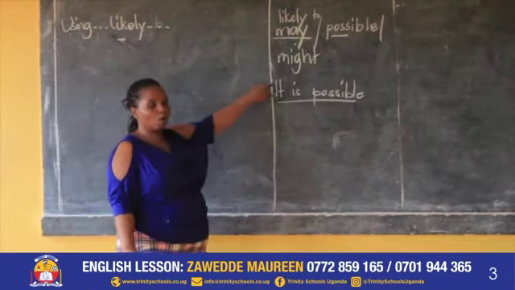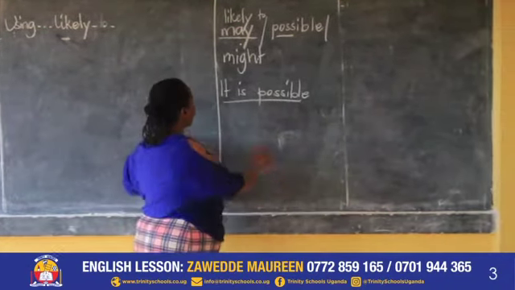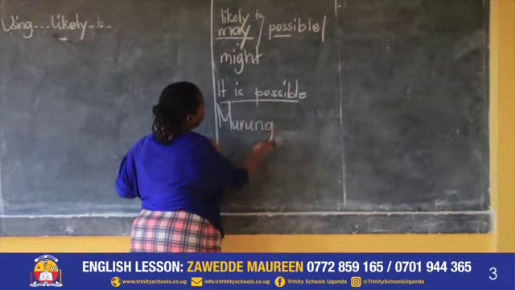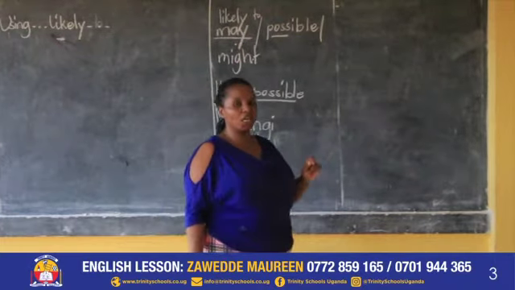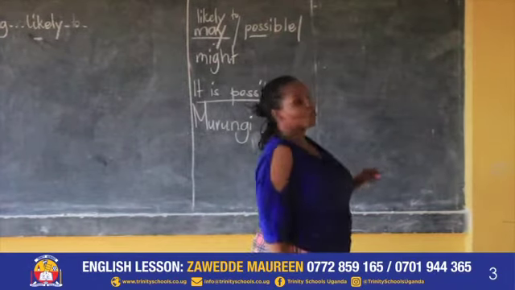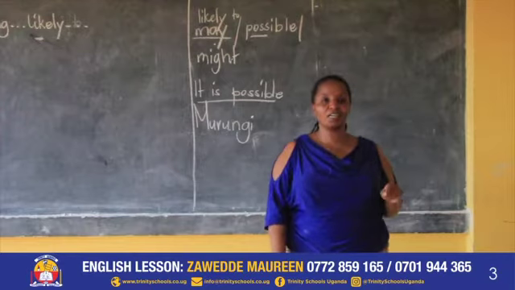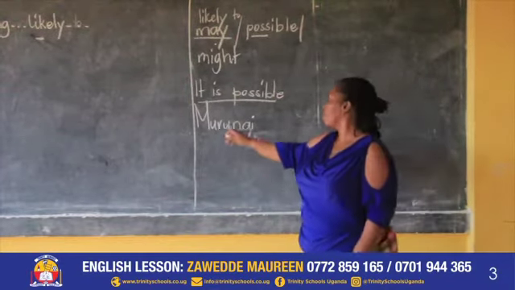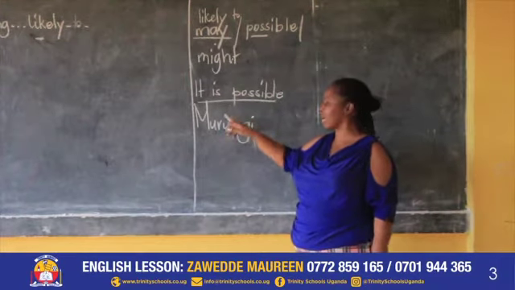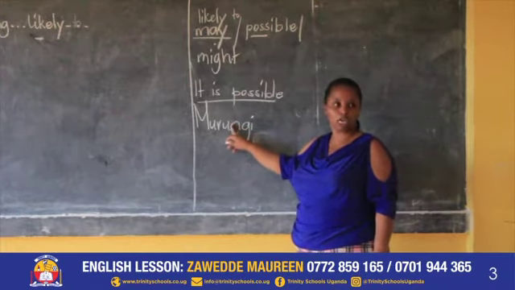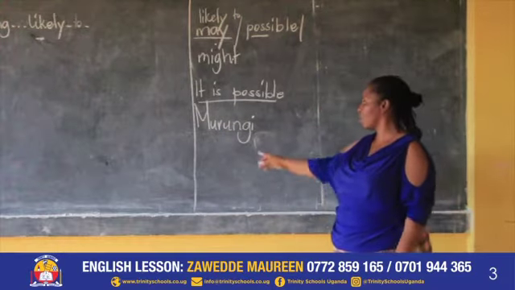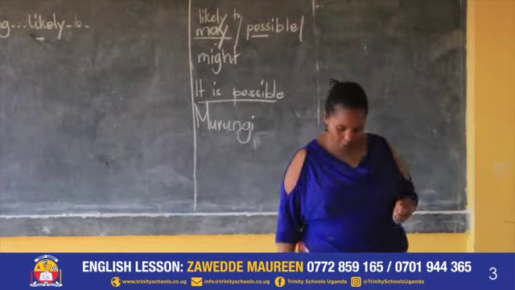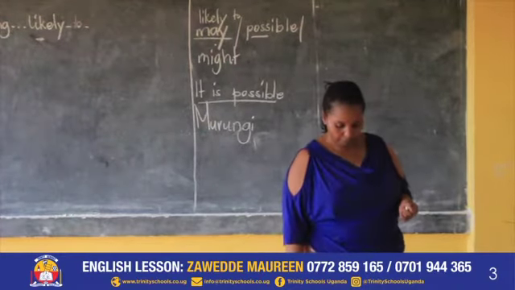So we are going to do away with them and, remember, we begin with our subject, which is Murungi. So we are going to say Murungi is likely to give you all the information in the letter. When I'm using likely, I begin with the doer of the action, and our doer is Murungi. Murungi is likely to give you all the information in the letter.